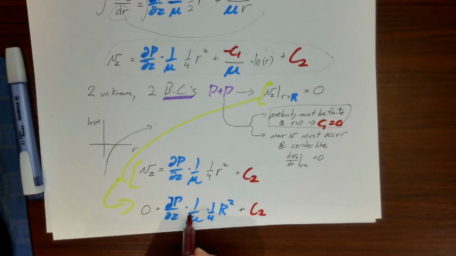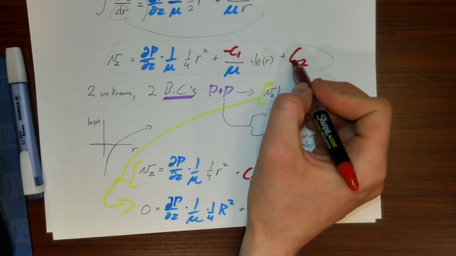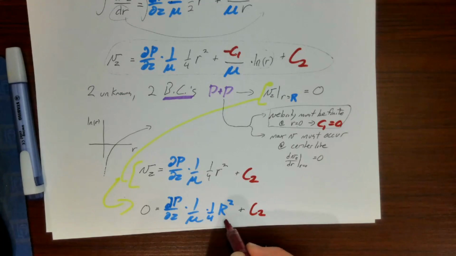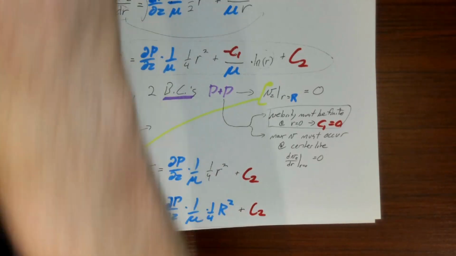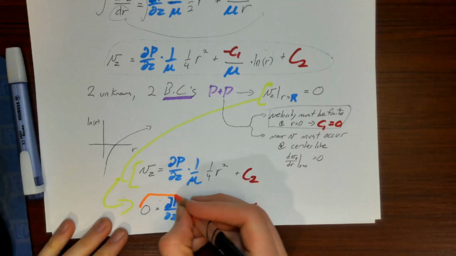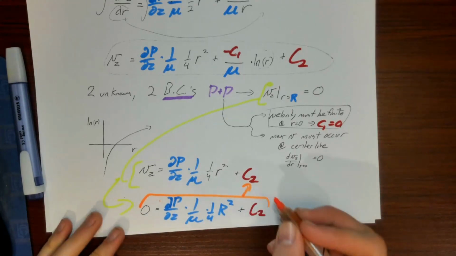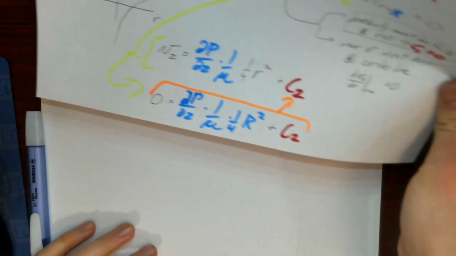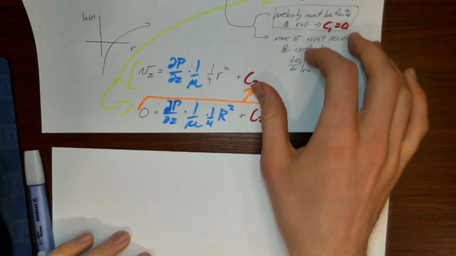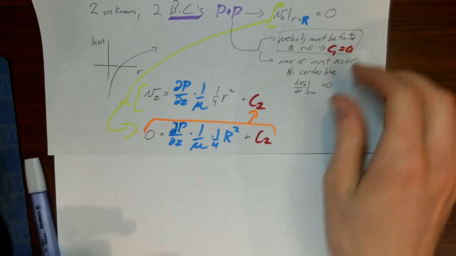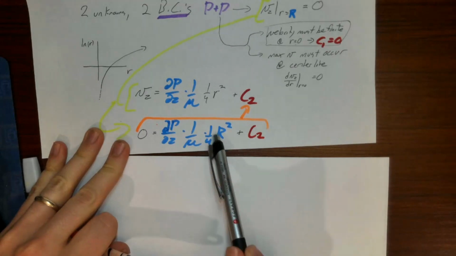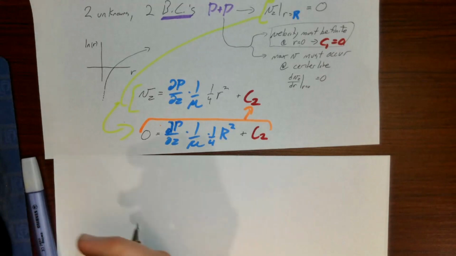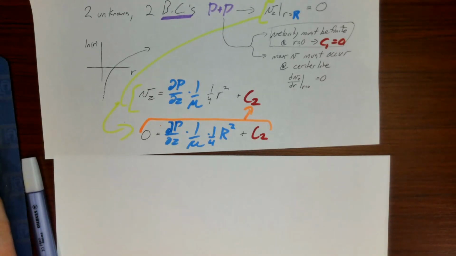And if c2 equals negative this, then we can plug it back into this equation right here, and for c1 we plug in 0. We can take this result and plug it back in for c2 right here. And that means we can get vz entirely in terms of knowns. So what does that look like? Because c2 has this dp/dz 1 over mu 1/4 in it, we can simplify things just a little bit when we get to our final result.